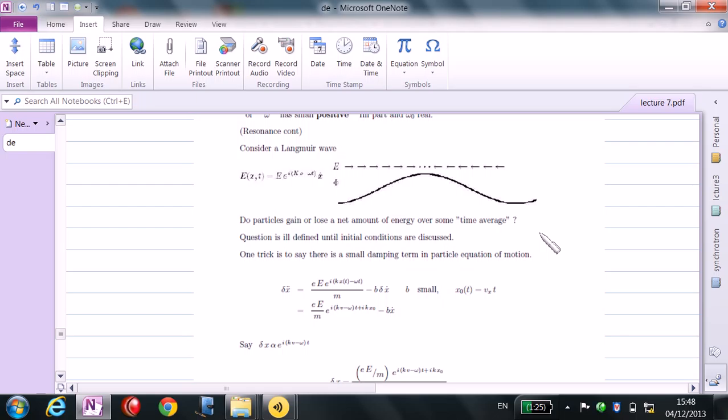So for the resonant particles, some of them are going to feel a potential gradient that's pushing them ahead, and some of them are going to feel a potential gradient that's pushing them back. It looks like there's going to be half and half, because the net potential change in the plasma wave is 0.